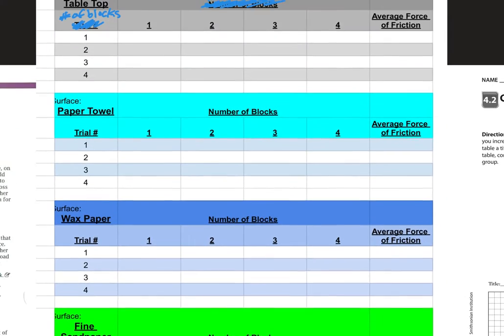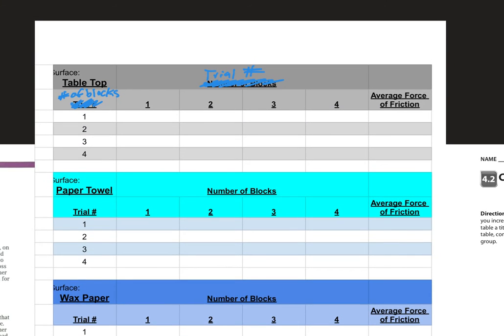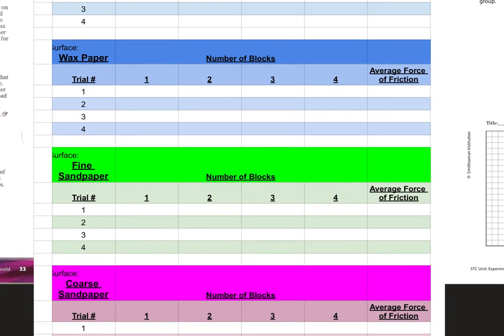I'll change it on the screen just so you have a visual showing what I'm talking about. This needs to be number of blocks, and this needs to be trial number. We're just going to change all those real quick.